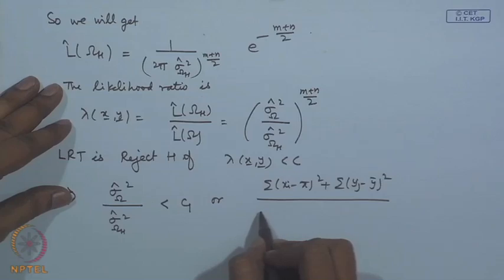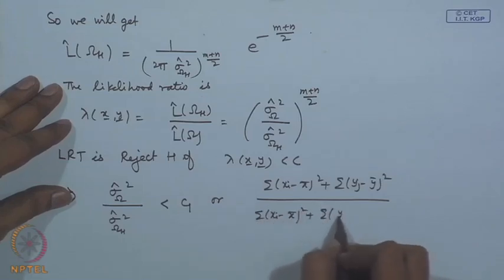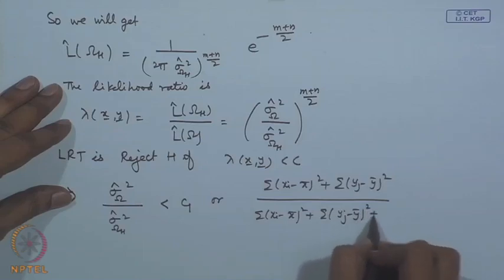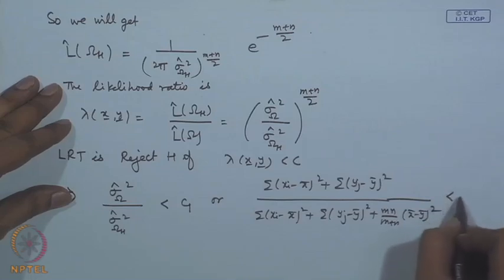That is equal to sigma x i minus x bar whole square plus sigma y j minus y bar whole square plus m n by m plus n times x bar minus y bar square. I am saying it is less than c 1.